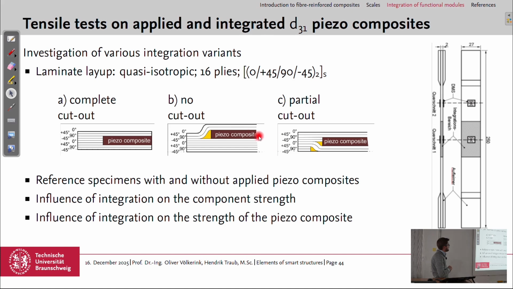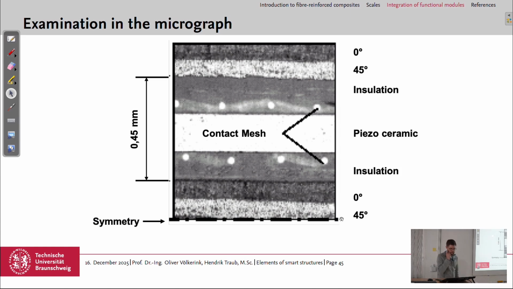It was a quasi-isotropic layup, 16 plies, 0, plus 45, 90, minus 45, 2 times, and then a symmetric layup. And also reference specimens without piezo composites integrated. The goal was to assess the influence of the integration on the strength and also on the piezo composite.